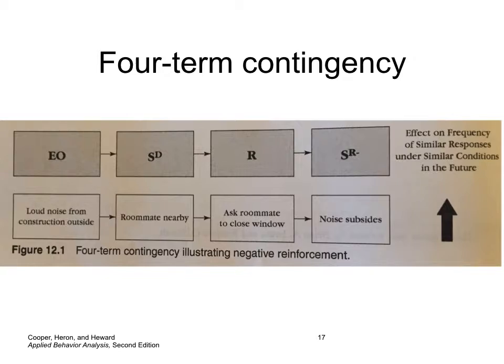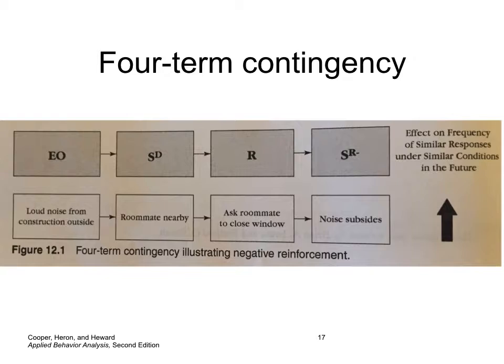And SD, the discriminative stimulus, is another antecedent event in whose presence a response is more likely to be reinforced. And R, the response, is the act that produces reinforcement. And SR minus, the reinforcer, is the termination of the event that served as the EO.